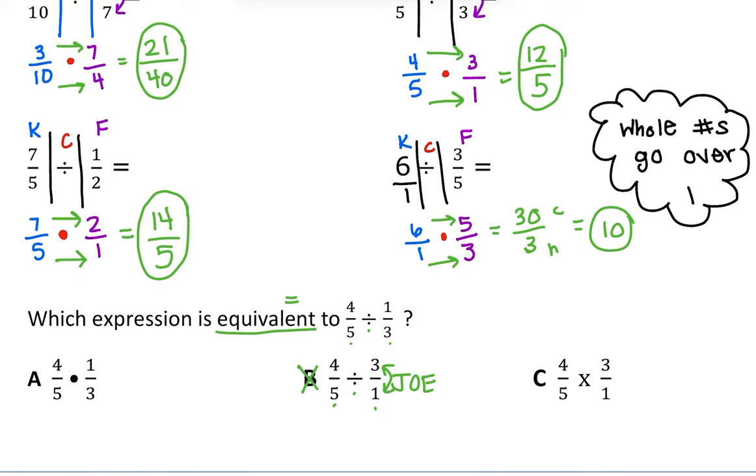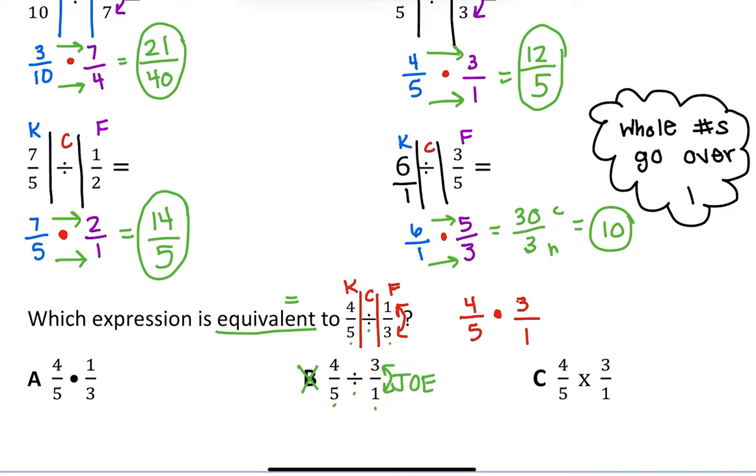So B is wrong. So A and C have multiplying, but if I want to do multiplication, I have to do the whole keep, change, flip for this to be equivalent, because essentially that's what they're wanting us to do. They're wanting us to keep, change, flip, but not solve. So my keep would be 4/5. I would change to multiplying, and then I would have to flip and get 3 over 1.